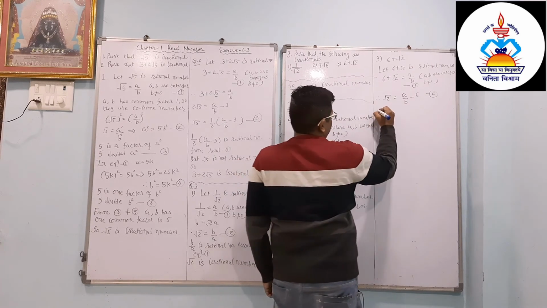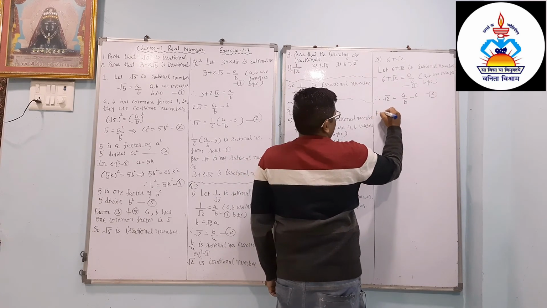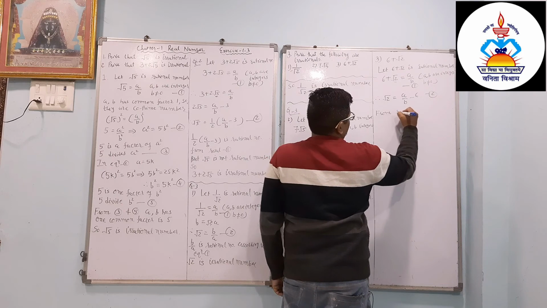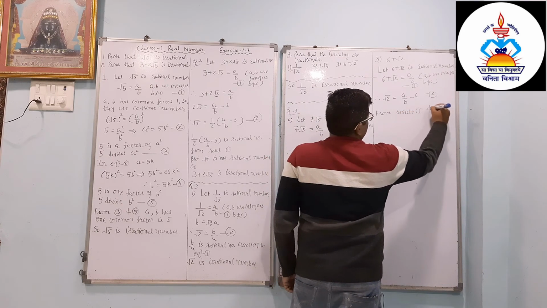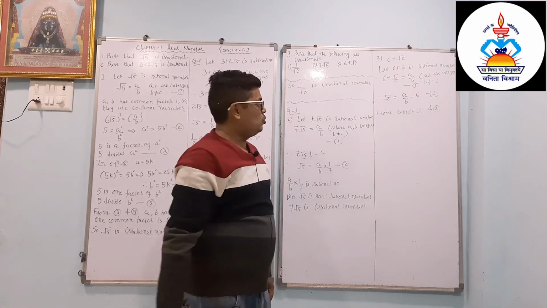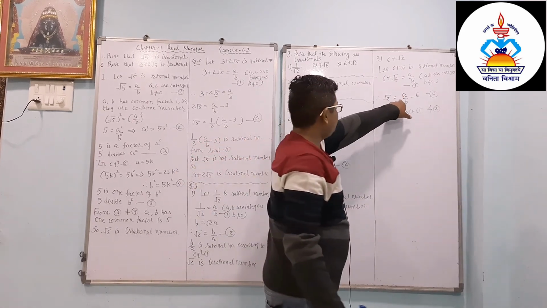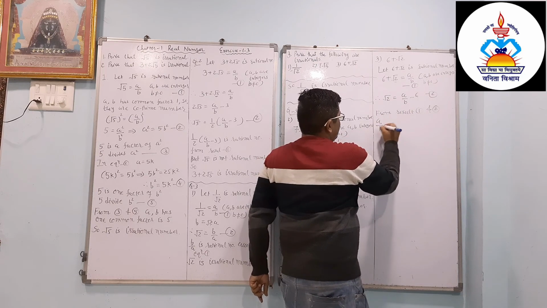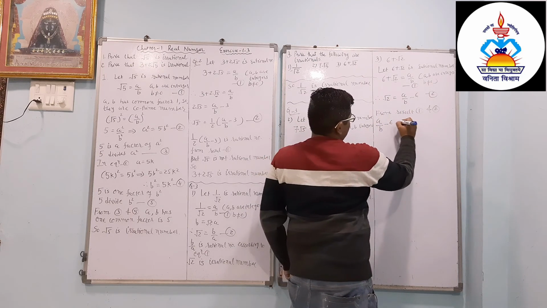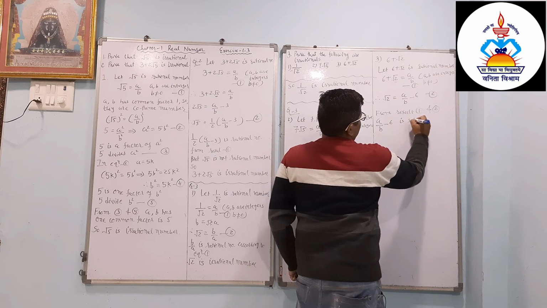So from result 1 and result 2, if we compare them, then a divided by b minus 6 is a rational number.